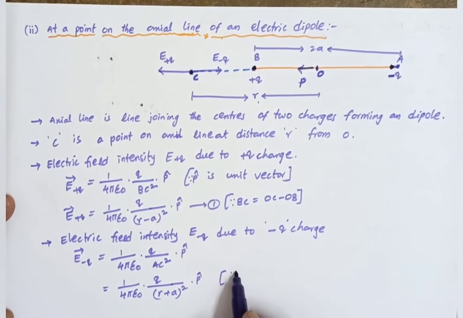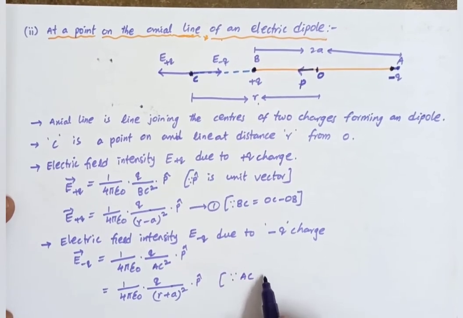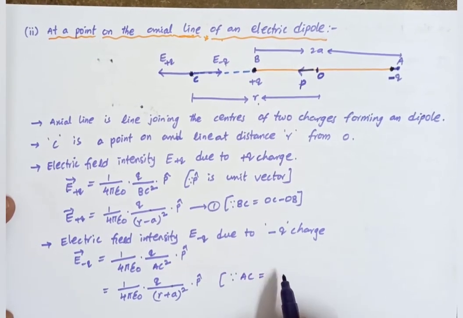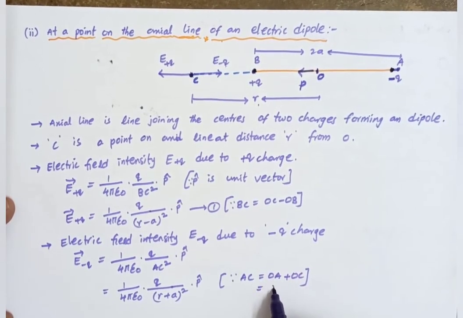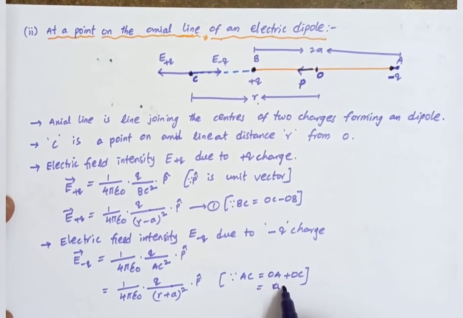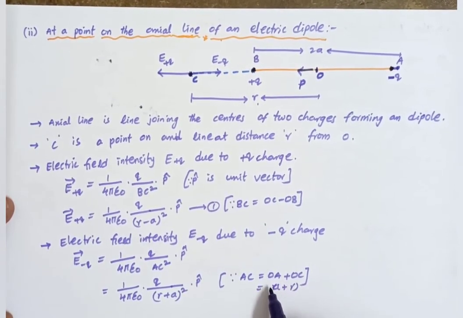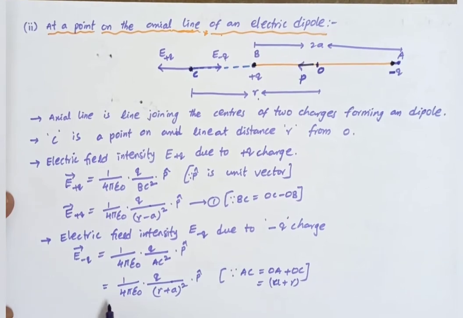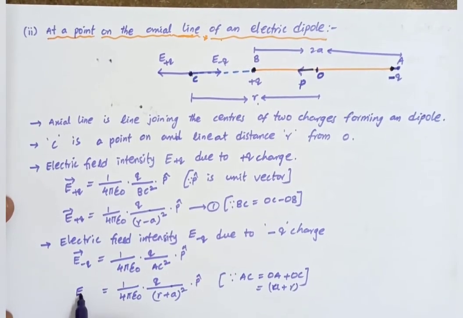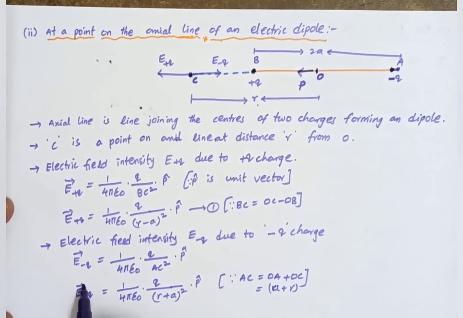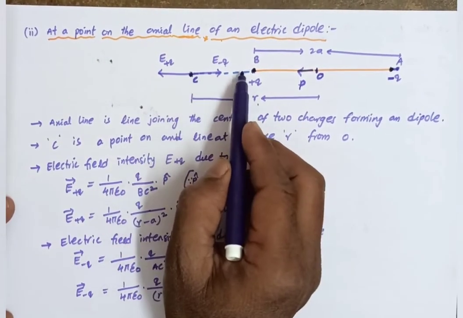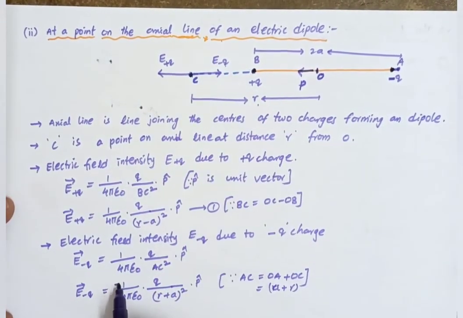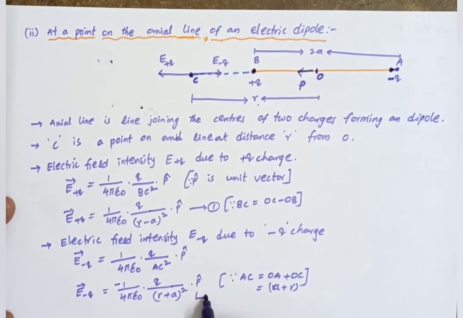Since AC equals OA plus OC, that equals A plus R. So this is E minus Q. Actually, what is the direction? This is the opposite direction, so it is taken as negative. Equation number 2.